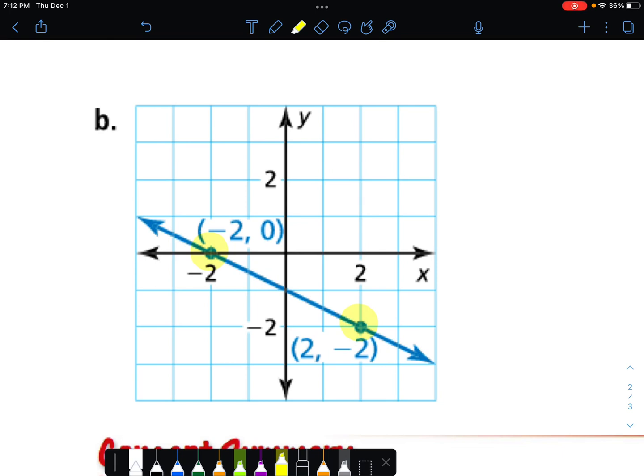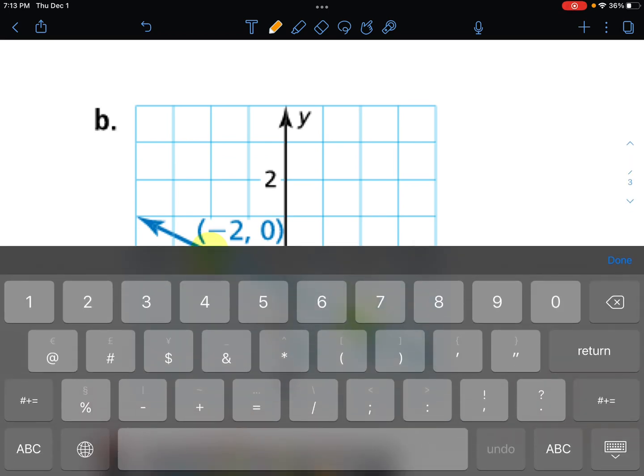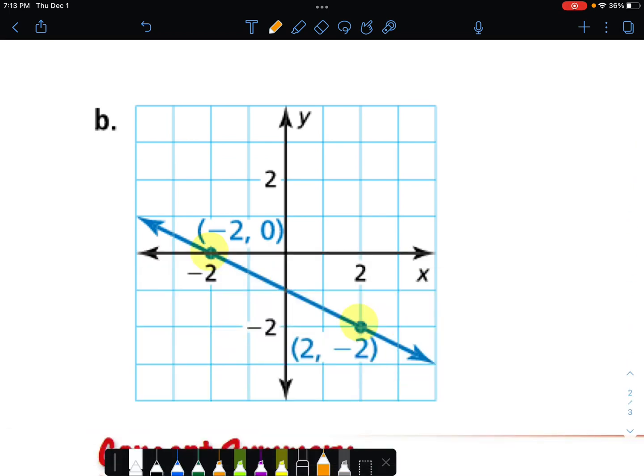So let's first see if we can describe the rise. I'm going to go up 2 to get to the other point, and so that is a rise of 1, 2. That's my rise.